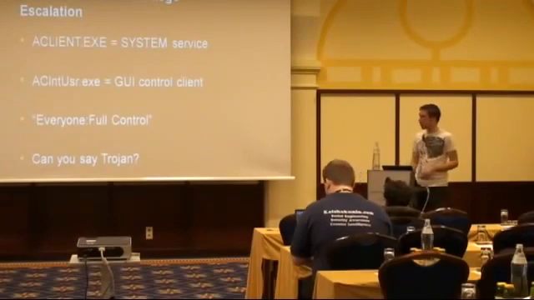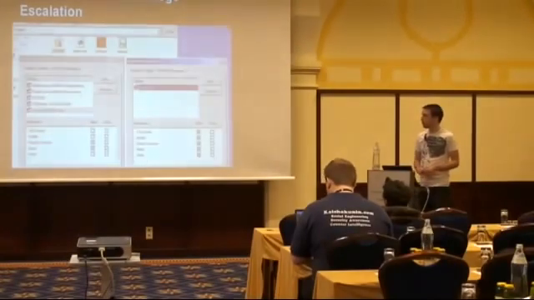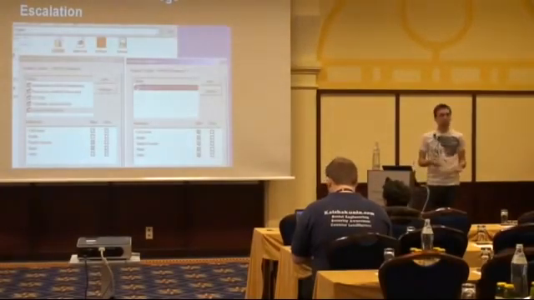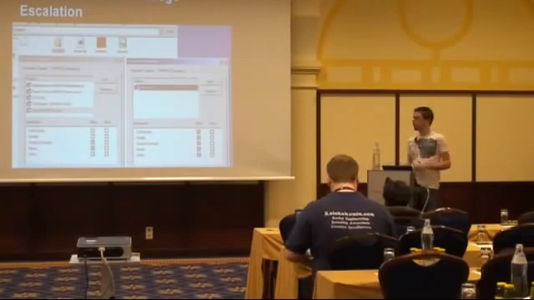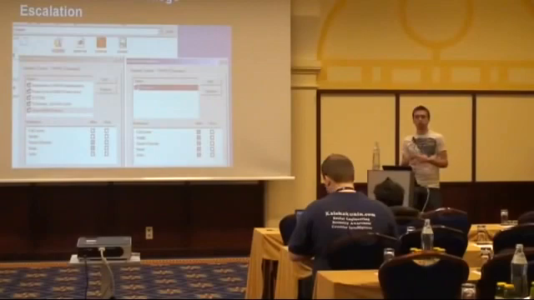But what you find is, if you look at the permissions now, a client is the service that's running as system. That's what we were exploiting when I was doing the server impersonation attacks, and was why we were given system access. But then there's also this a client user one, which is actually the little icon in the taskbar that I showed you before, with a little blue circle. That runs as whatever the currently logged in user is, and that one had everyone full control.